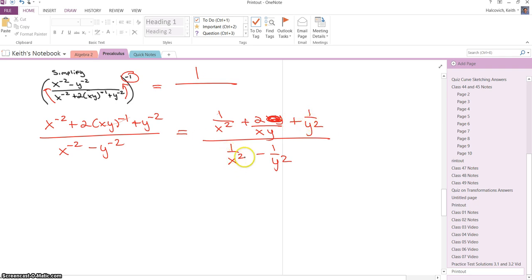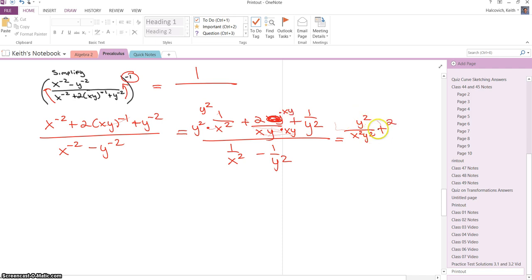Then remember, your job is to get a common denominator. Well, here you'd have to multiply by y squared, because it'd be x squared, y squared. So you get y squared, and then here you have to multiply times xy.